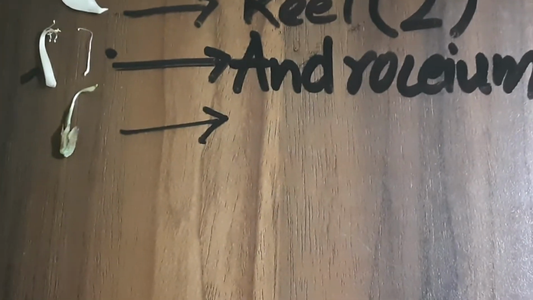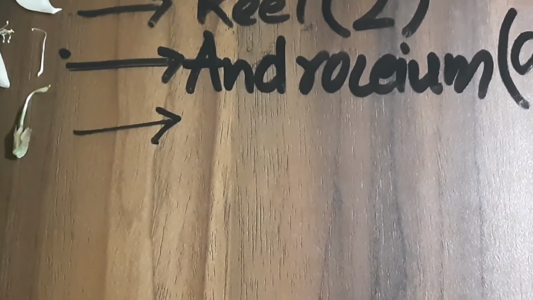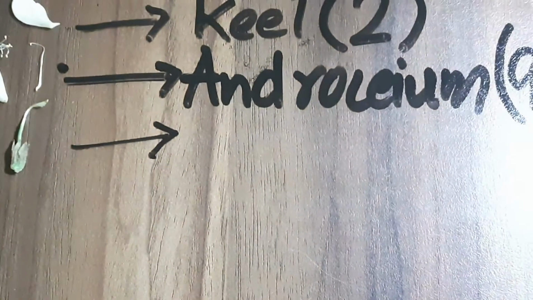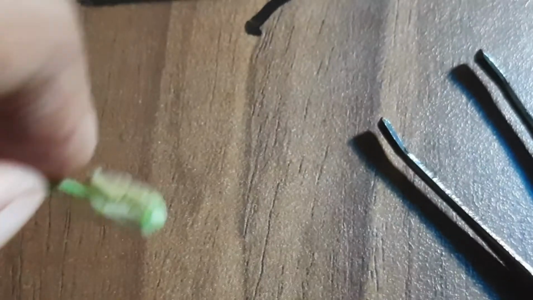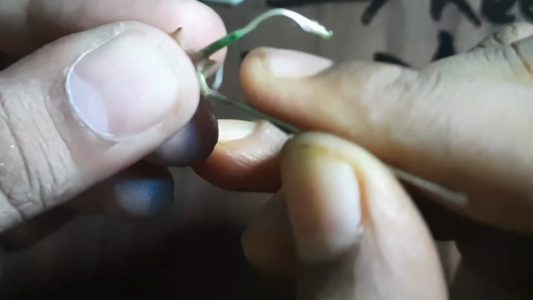Should I separate the calyx from the pistil? I am separating the calyx from the pistil. This is the structure. Let's separate. You all will need a needle like this.